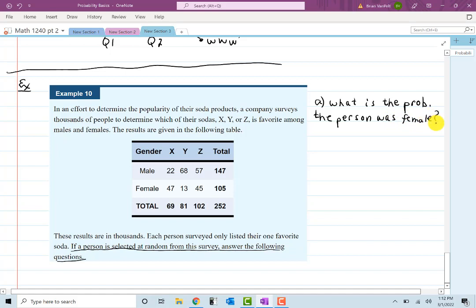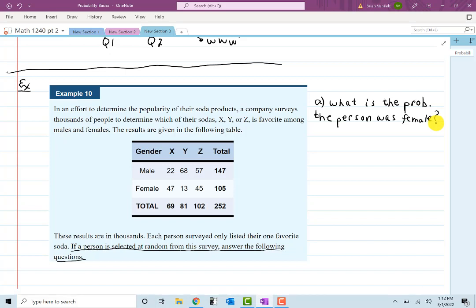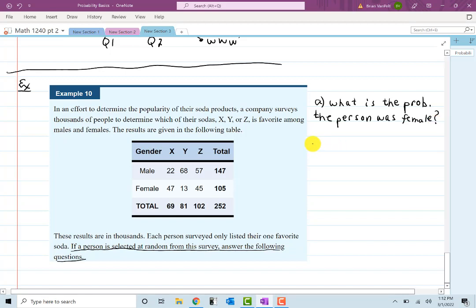So the probability that they're female, we simply need to look at the total of all females in the group compared to the total of the group. So the event would be all female. Let's take a look at the probability of being a female. I didn't mean to put an E, I meant to put an F for female.